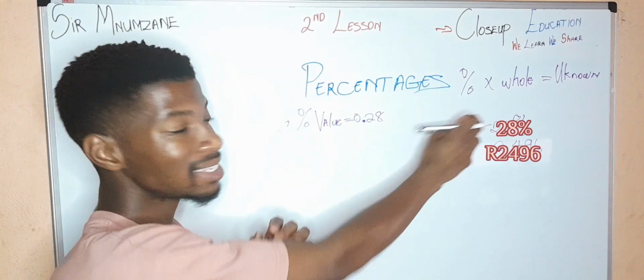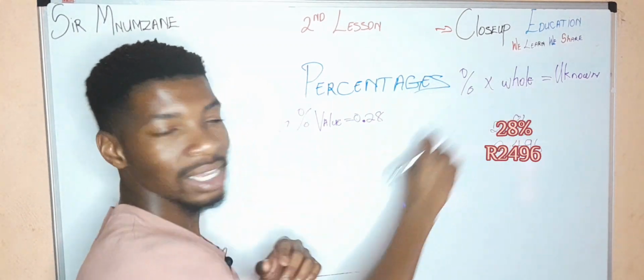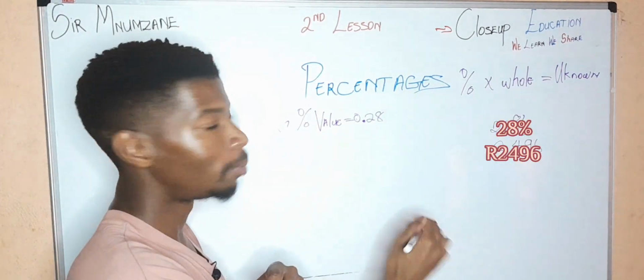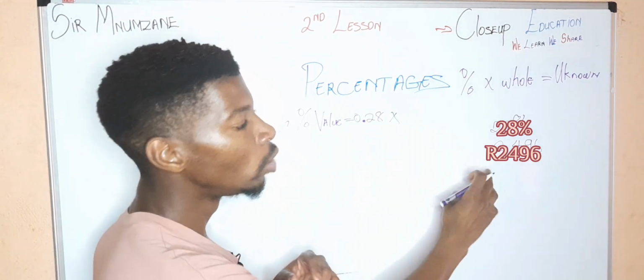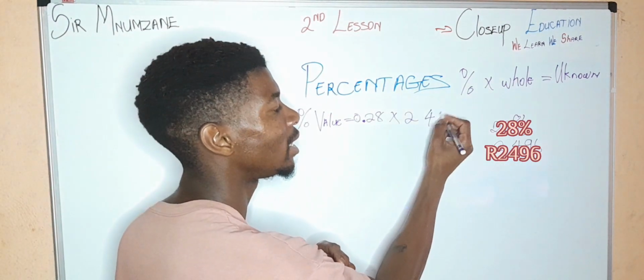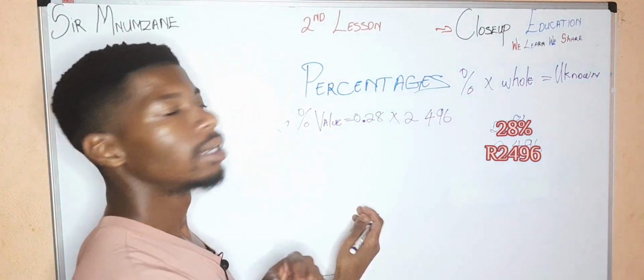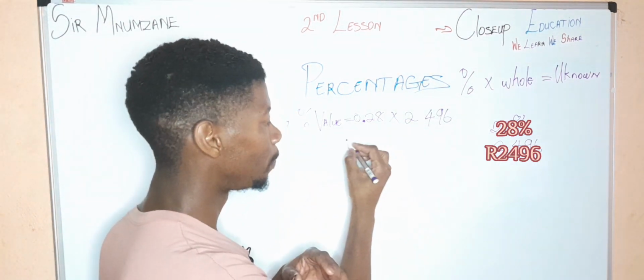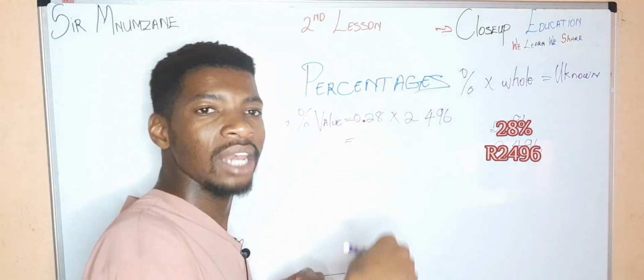This is my percentage in this formula, times the whole, which is the amount, 2,496.